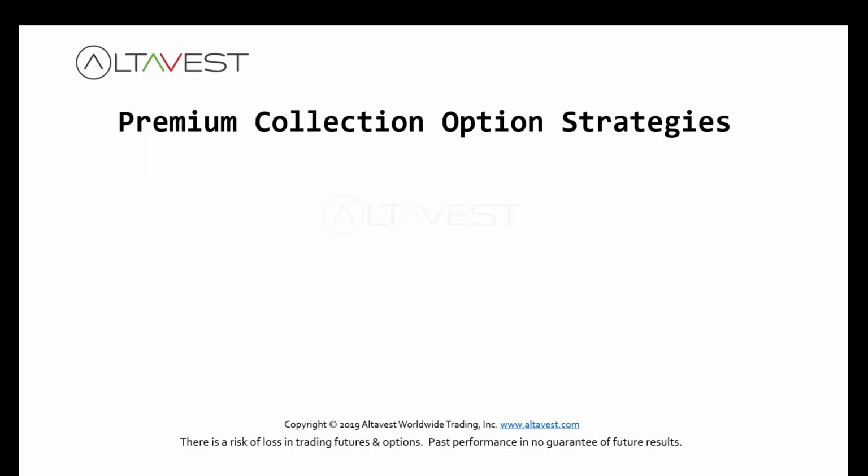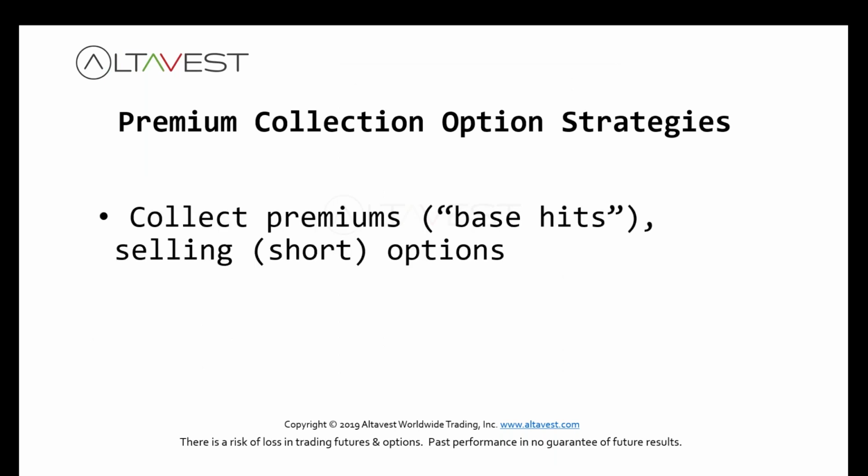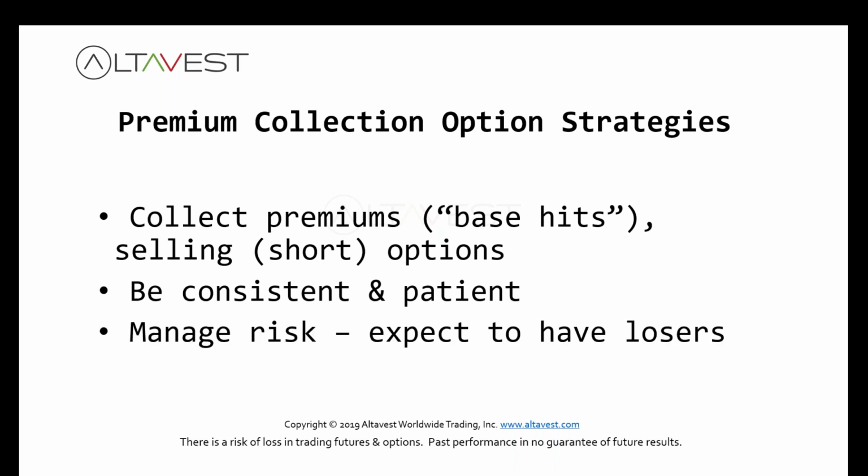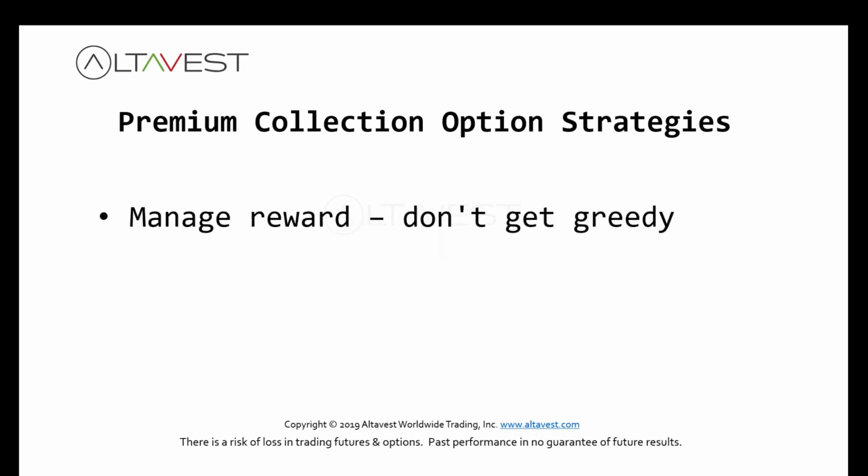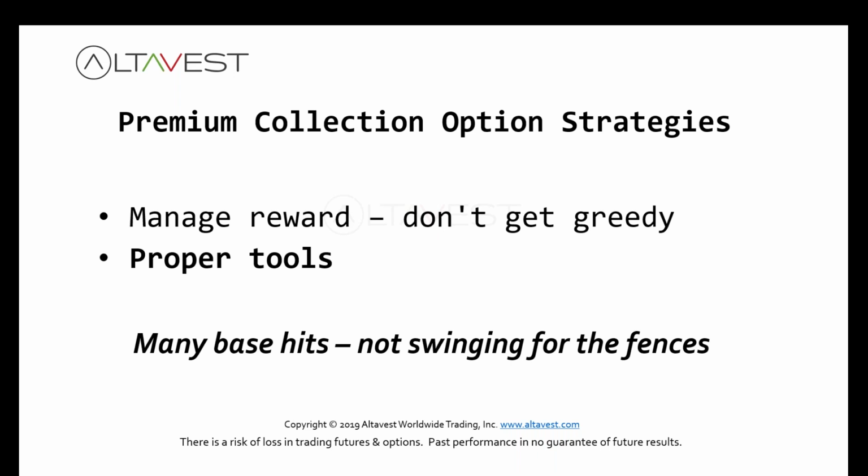So how can we use this and apply this with premium collection strategies on options? How can we collect option premium using a similar approach, looking for these what we call base hits by going short or selling options? We need to be consistent and patient, manage our risk, expecting that we will have losers, but we manage reward as well, not getting too greedy. But to really do this, you need the proper tools.